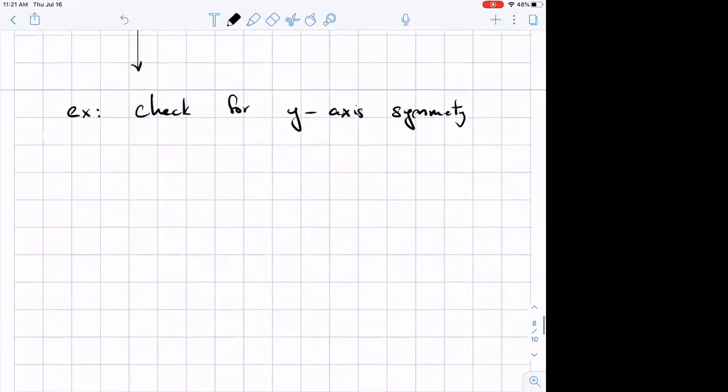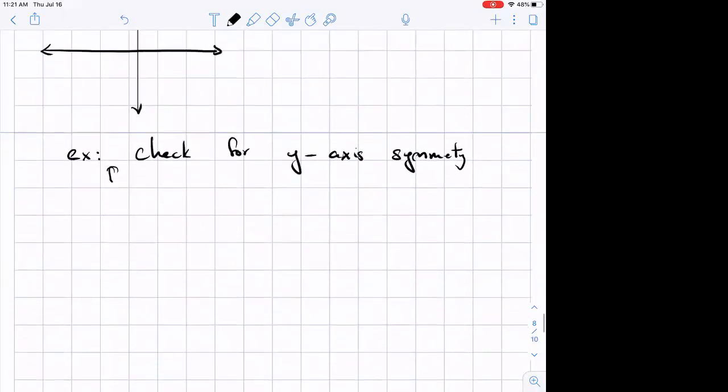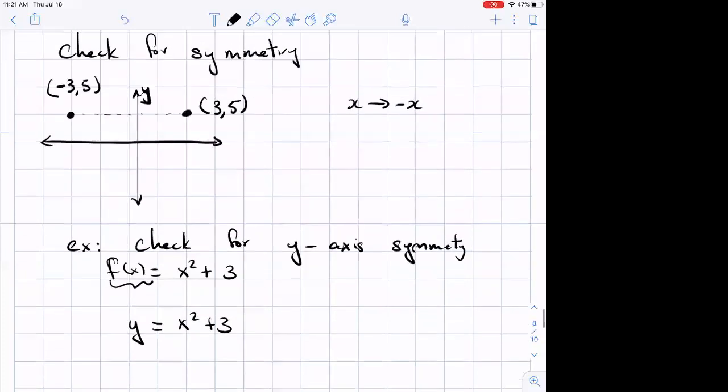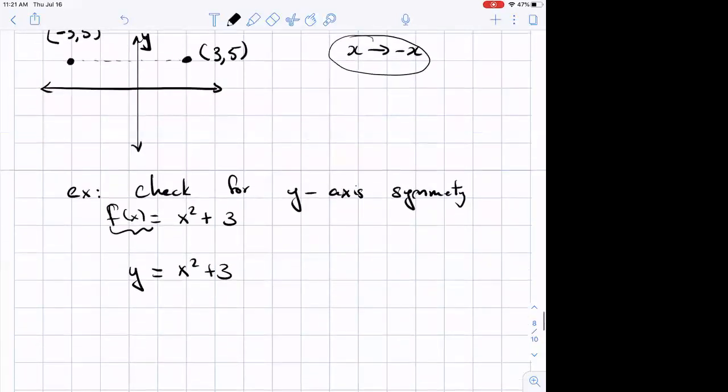Suppose I tell you that f of x is equal to x squared plus 3. Now keep in mind, f of x means y, right? For y-axis symmetry, every time you see an x, replace it with -x.